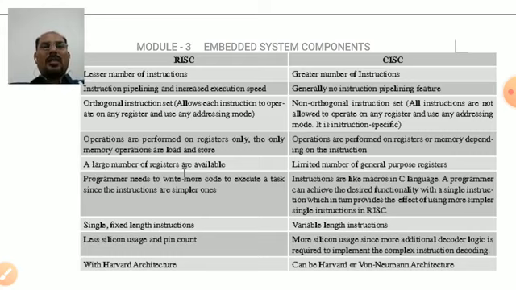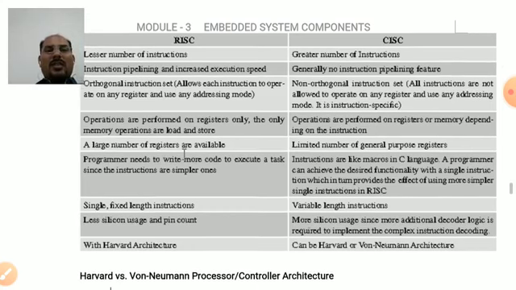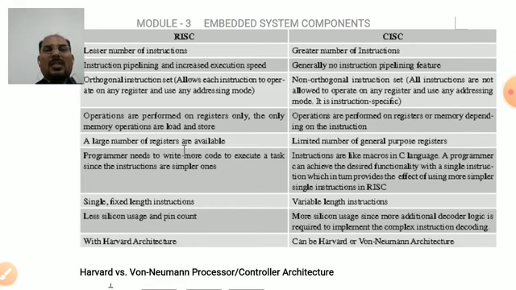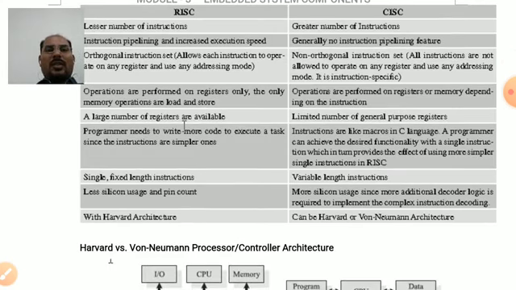In RISC, operations are performed on registers only, but to access the data from the memory, we need to go for load and store operations. Whereas in CISC, we can perform the operations on registers as well as memory. In RISC, a larger number of registers are available. Here, a lesser number of registers are available.